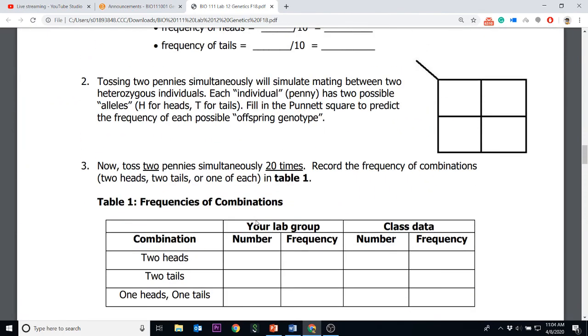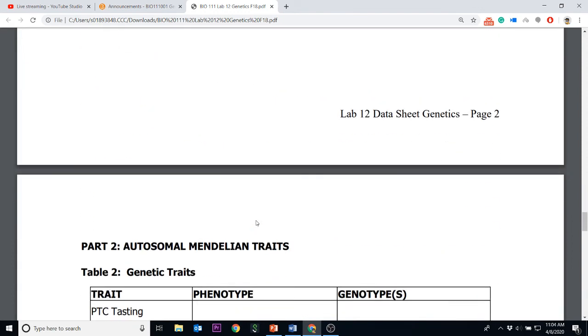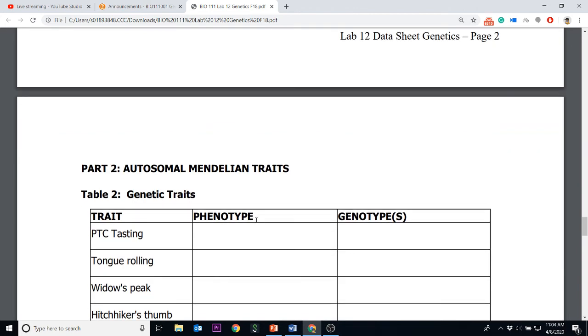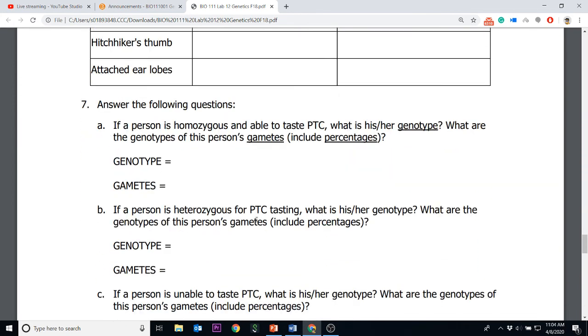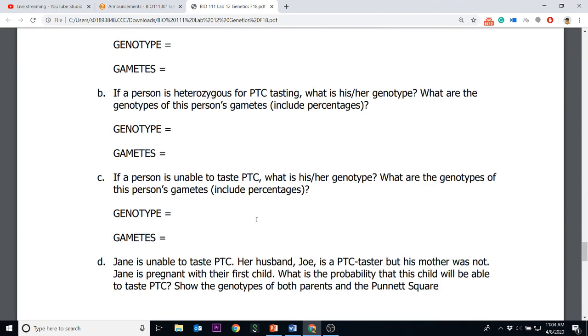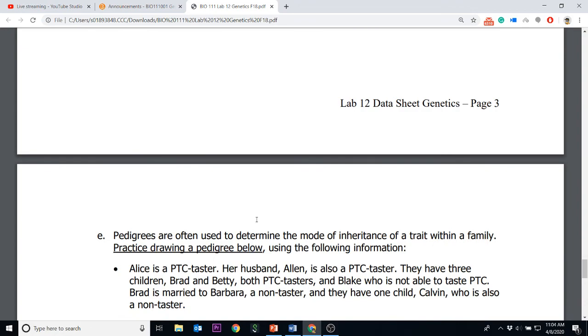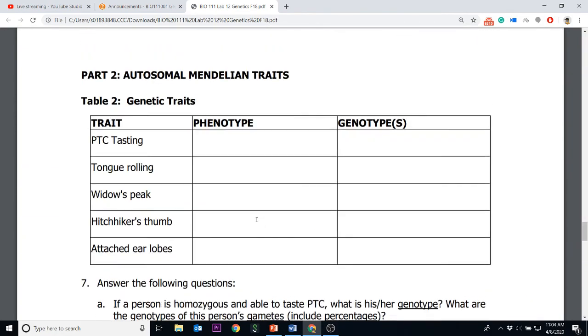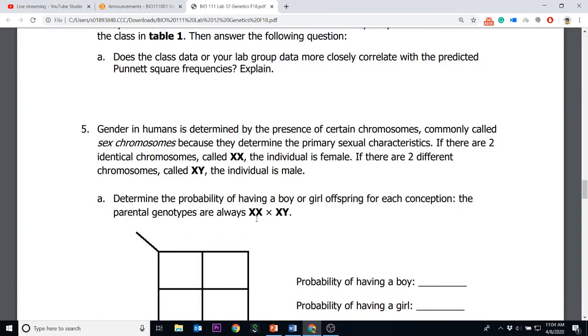We do part 1. Okay, for today, you just need to do part 1.